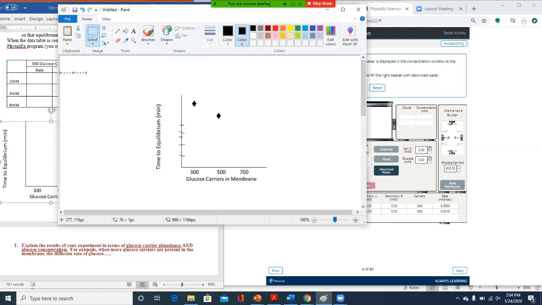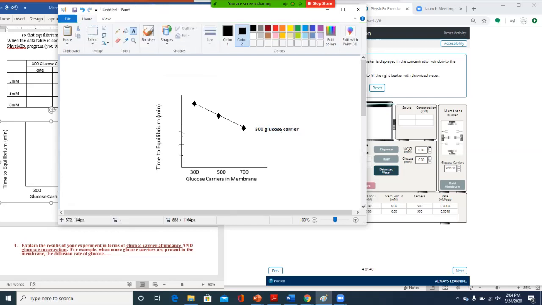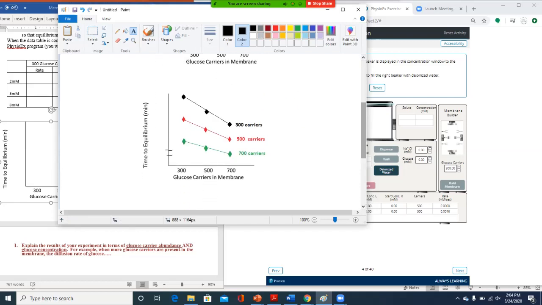And your next data point. And ultimately you will draw a line between them to make it a little bit easier to see. And I will say that the data that I have been graphing is for the 300 glucose carrier data. And so ultimately, what I would like to see is a graph that looks kind of like this.